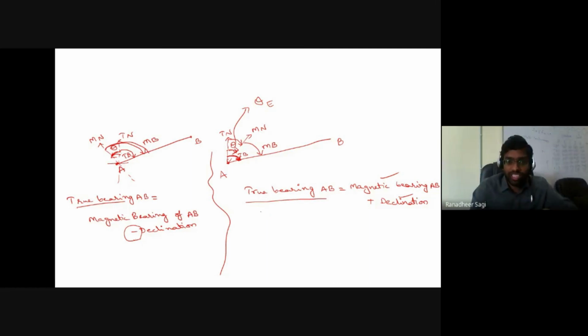Now the vice versa. Declination is towards east, but the data given in my problem is the true bearing of the line and the declination between the true north and magnetic north directions. So from this, what is my magnetic bearing?